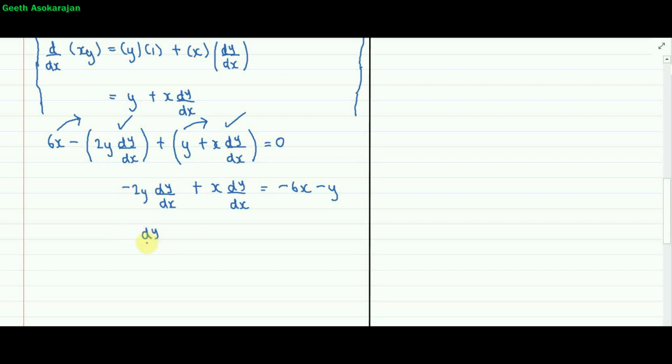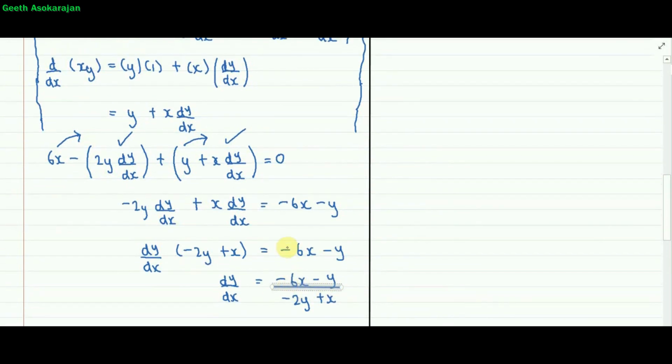So if I factorize by taking a common factor of dy over dx, I'm left with minus 2y plus x in the bracket. That is equal to minus 6x minus y. So if I rearrange further, dy over dx is going to be minus 6x minus y all over minus 2y plus x. So that is the solution for dy over dx, the gradient function.